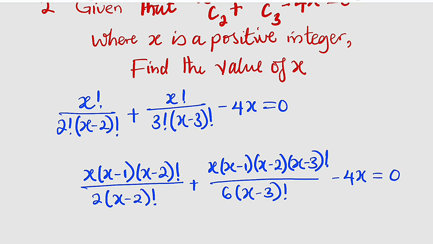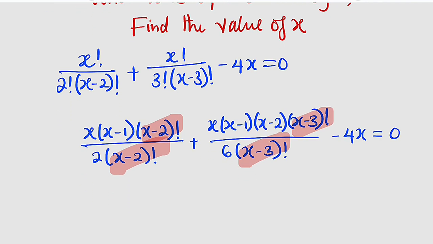So observe, this will cancel, and this and that will also cancel. Let us multiply all the terms by the LCM of the denominators 2 and 6, which is 6. If you multiply the whole of this by 6, that 6 will be divided by 2, which is 3, so use the 3 to multiply the top.